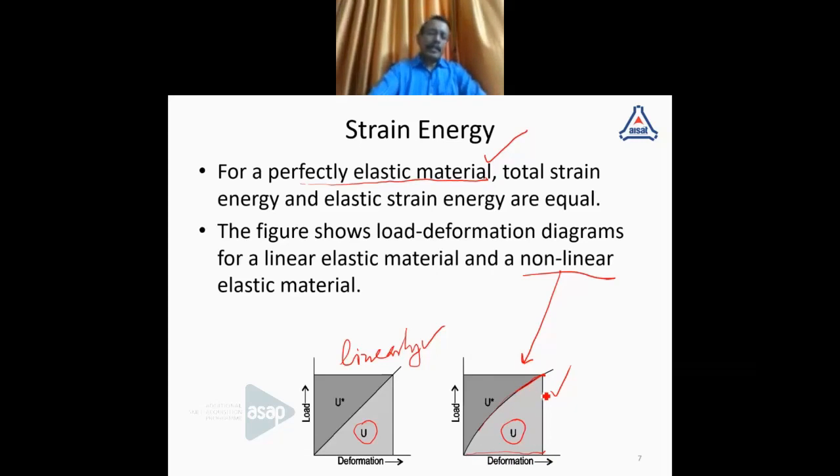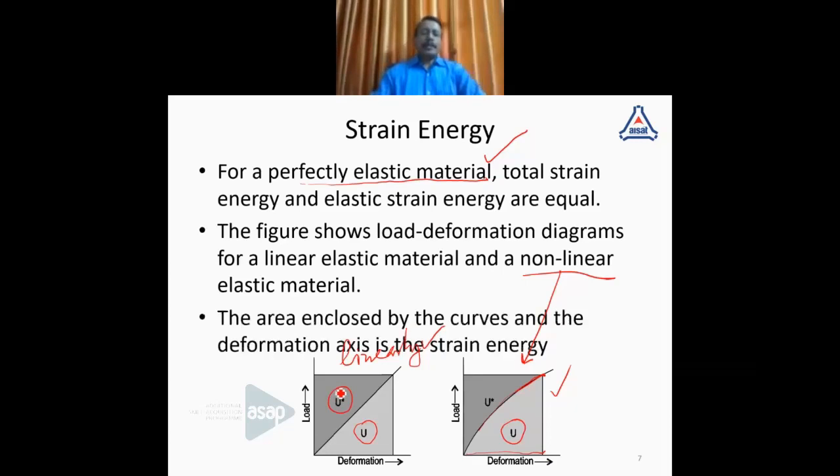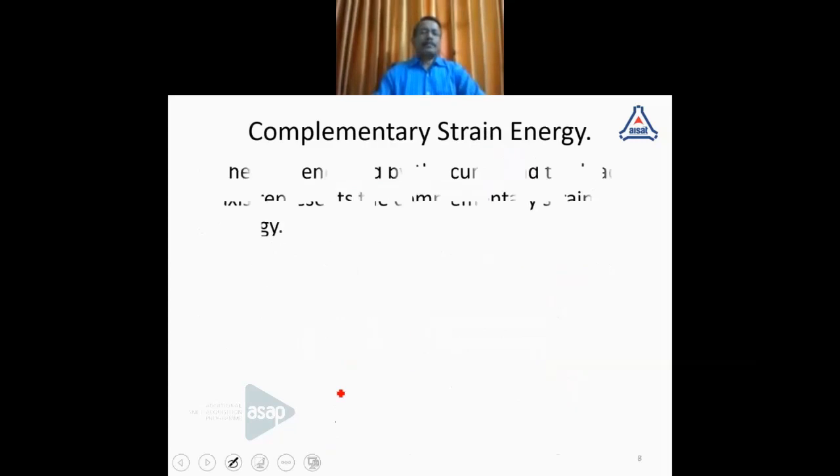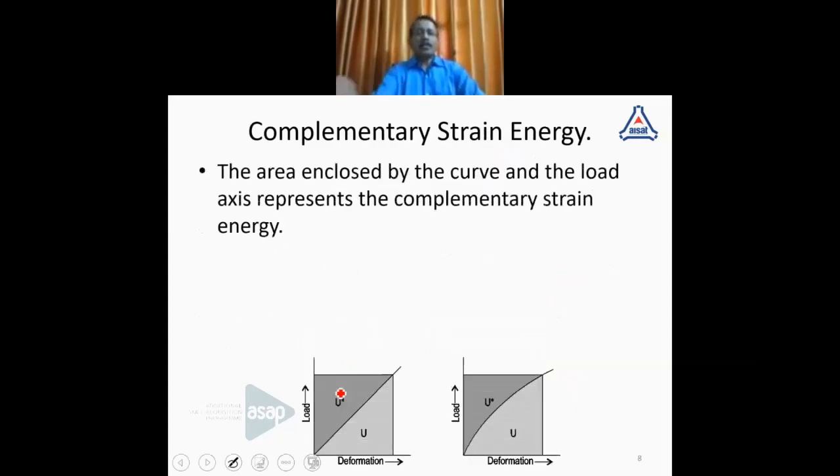And there is another area marked as U star that represents complementary strain energy. It is an area enclosed by the curve and the load axis, which is called complementary strain energy, U star. These are the two notations used, U and U star, strain energy and complementary strain energy.